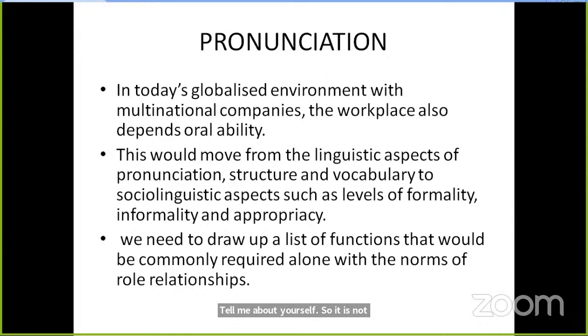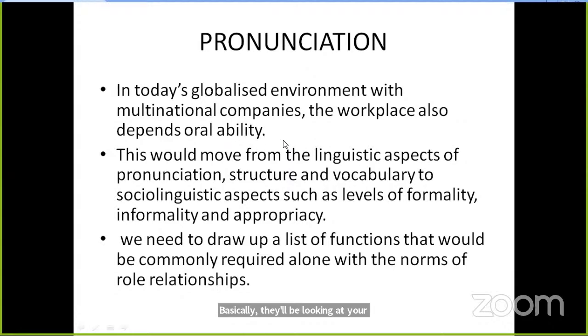The basic reason behind asking that kind of question is that they will look at your communication, your confidence levels, and other things like the language you speak, how good you are in formal situations. So basically they'll be looking at your oral ability, right?